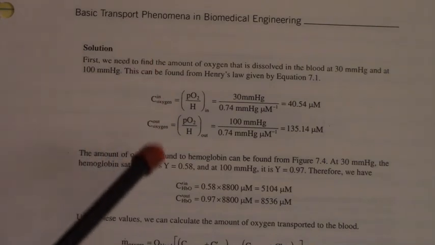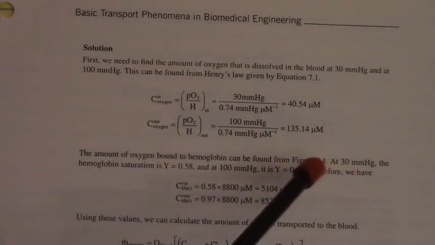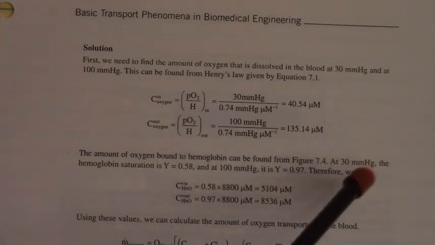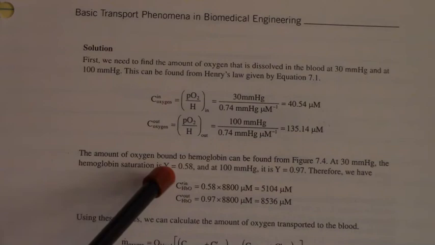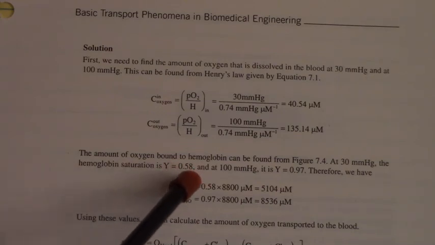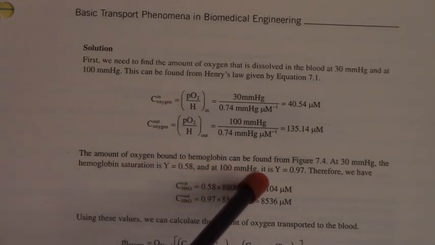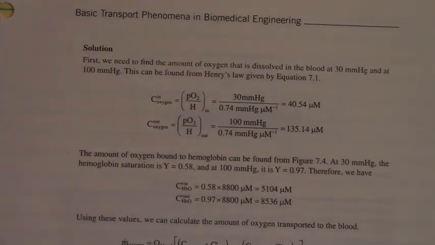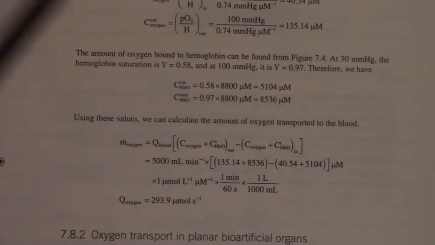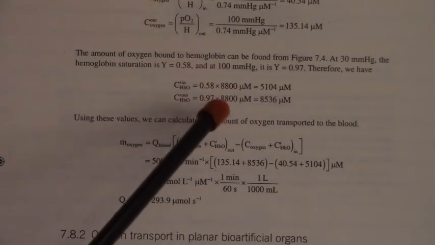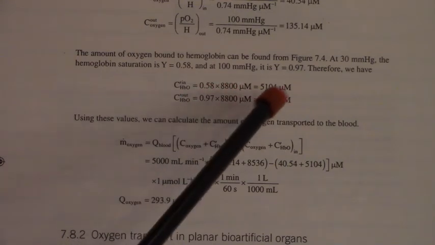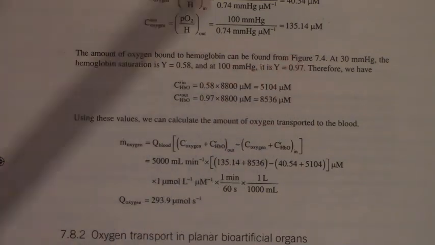Then the amount of oxygen bound to hemoglobin can be found from figure 7.4, or you could use the Hill equation. At 30 millimeters of mercury, the hemoglobin saturation from that graph looks to be 0.58, and at 100 millimeters of mercury it looks to be 0.97. So we multiply those values by the saturation level of oxygenated hemoglobin, which is 8,800 micromolar, and that tells us how much oxygen is being carried by the hemoglobin.